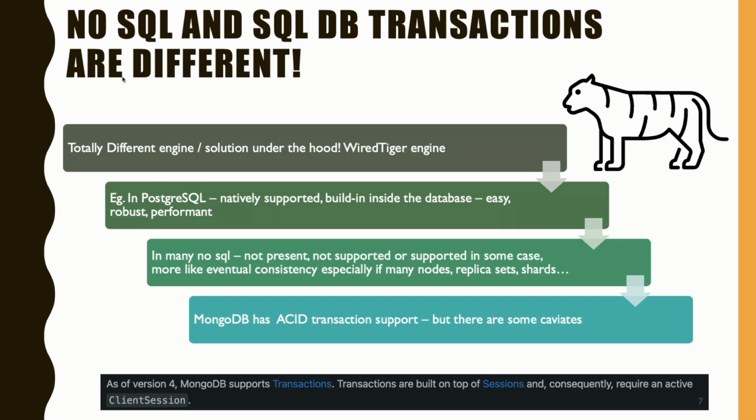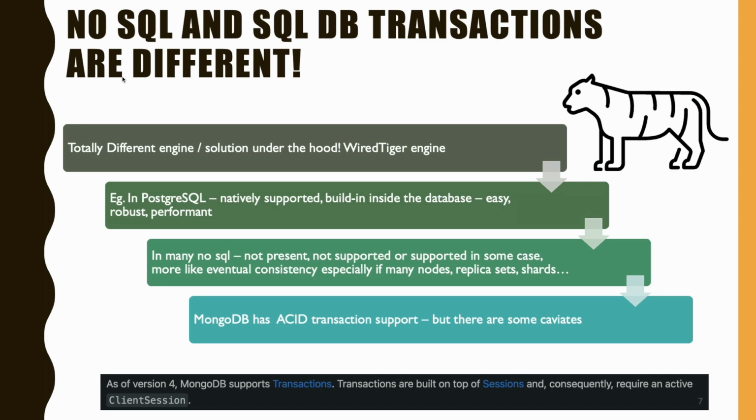There is a beast called WiredTiger inside Mongo, for example. Compared to Postgres, in Postgres transactions are supported from scratch. From the beginning, they are built into the database, and basically some database developer can say that they are easy, robust, performant. Basically, we can do everything on the database because it's so good and so nice.